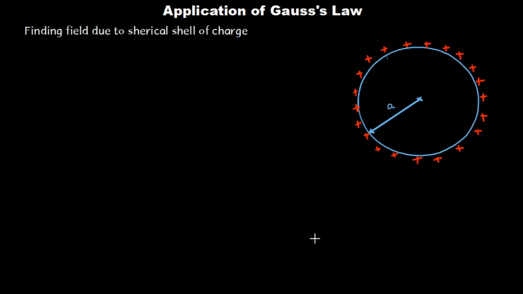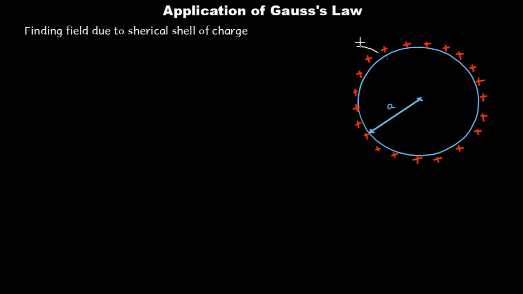So first let us check how to find field due to a spherical shell of charge. To start with, I have to consider an imaginary spherical shell, and the charge is uniformly distributed over its surface, and let the charge density be rho s, the surface charge density.